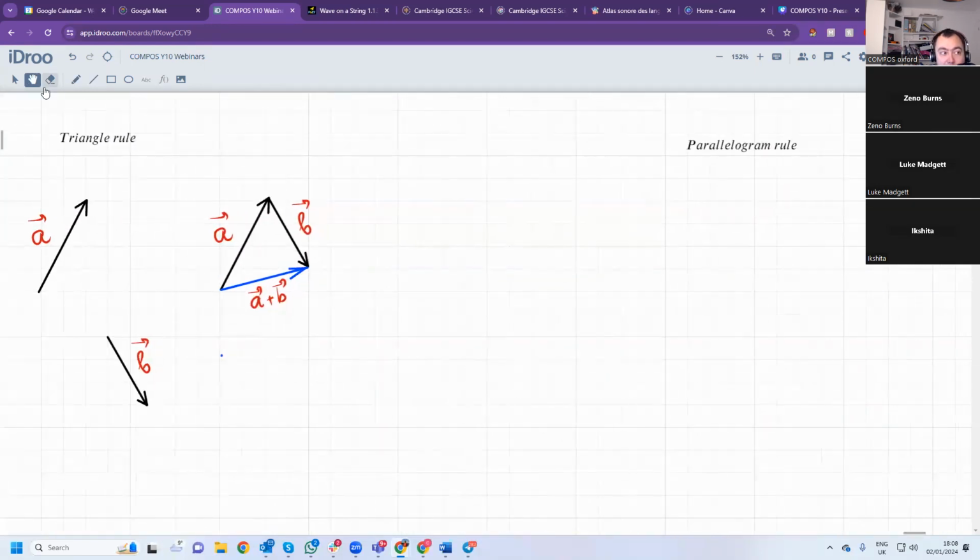The parallelogram rule is slightly different, but technically it's the same thing. You draw both vectors from a single point.